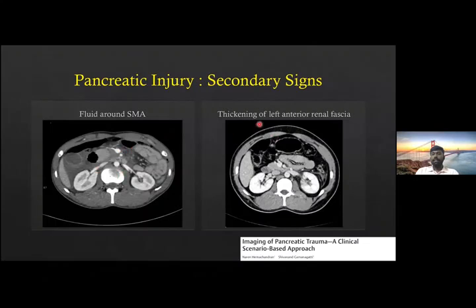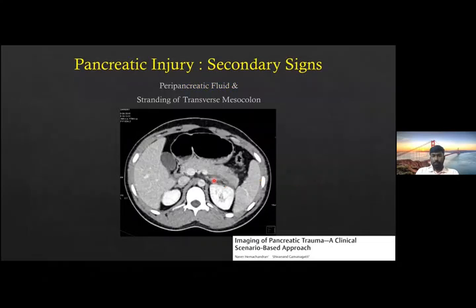And similarly, thickening of the left renal fascia, which is not explained again by any other focal trauma, then again that has to be evaluated with an MRI. Here we can see the presence of peripancreatic fluid and also fat stranding in the transverse mesocolon. So these are some secondary signs which can aid in picking up pancreatic injury, and these patients must be evaluated with an MRI.